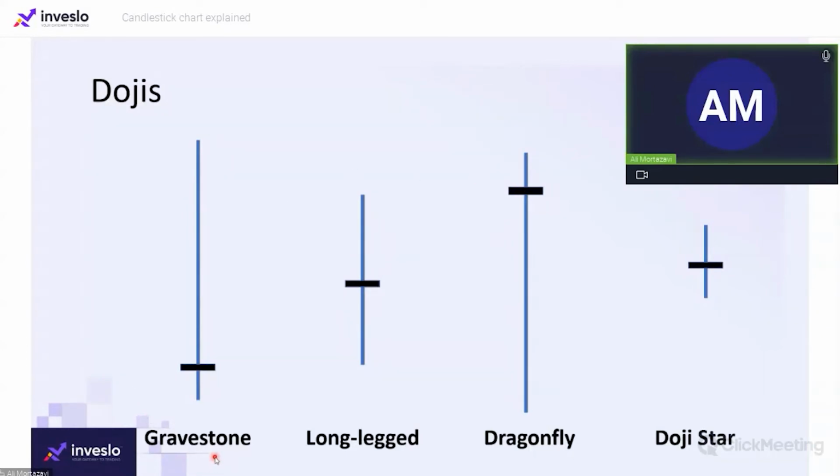We have the gravestone doji. When we see a doji come with a very long upper shadow, we call it the gravestone.